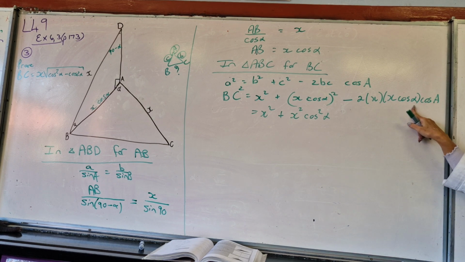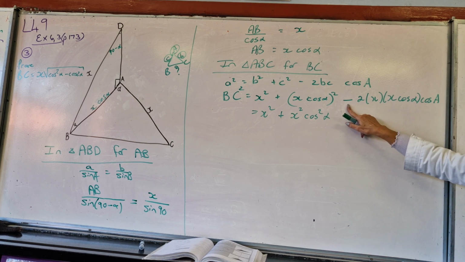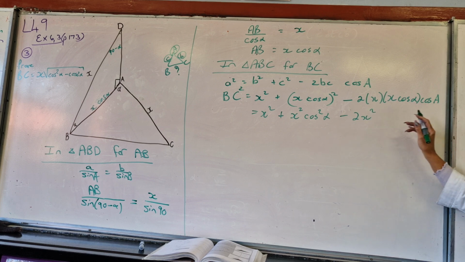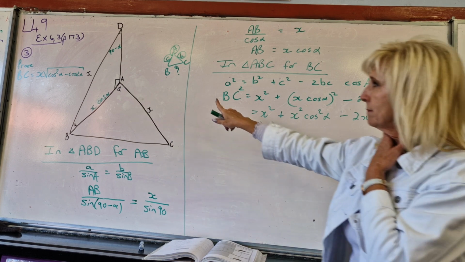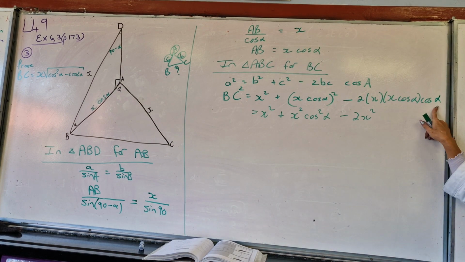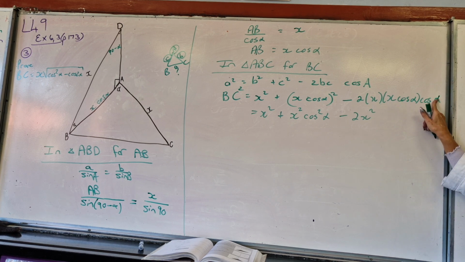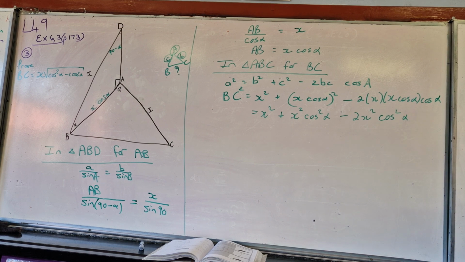What is this when you simplify? x squared minus 2x squared cos, oopsie, I'm sorry. A, what's the value of A? Alpha, right? Okay, I didn't substitute it. And then this answer would be x squared cos squared alpha. Again, are you with me, everybody?